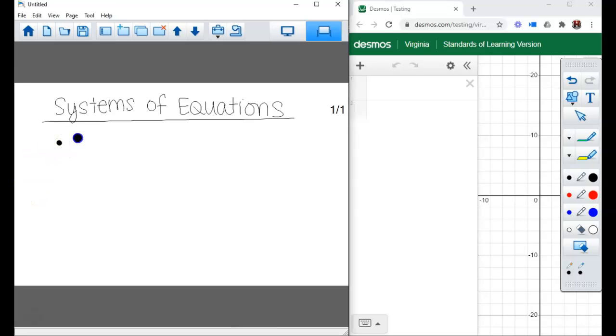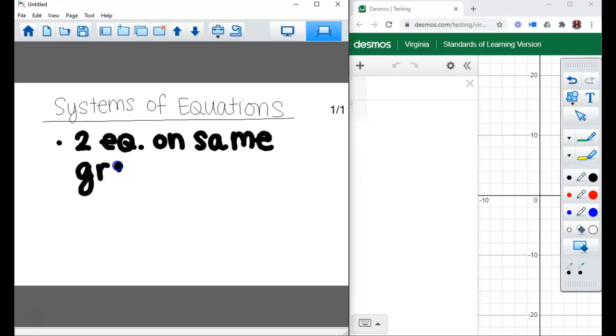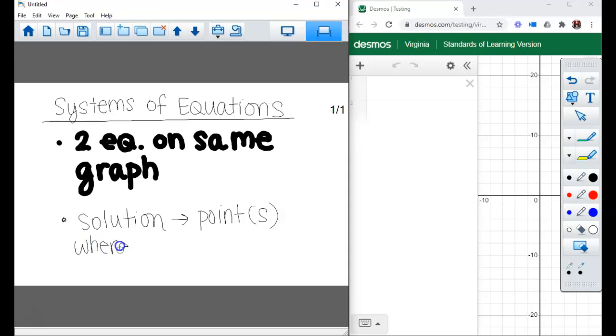When we talk about a system of equations, that is two equations on the same graph. So two equations on the same graph is what a system is. And I want you to remember that the solution to a system of equations is the point, or the points, because it could be more than one, where the lines intersect.